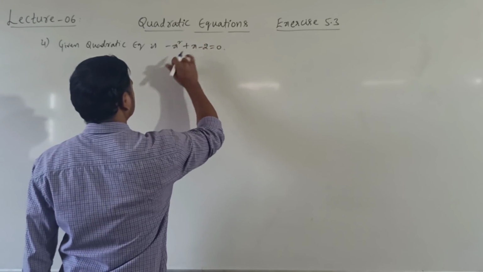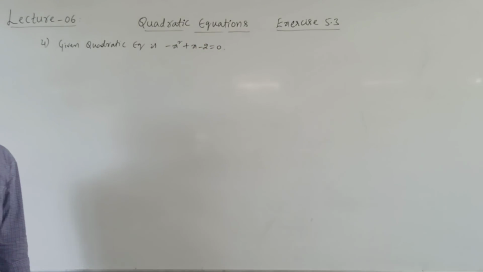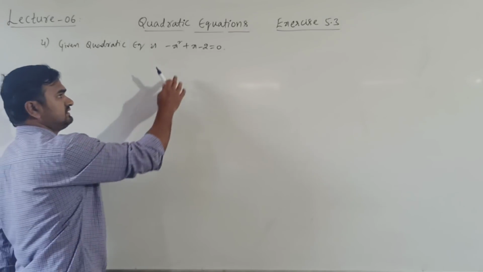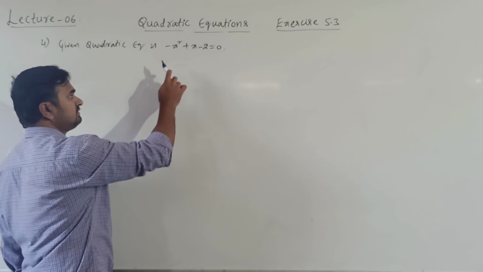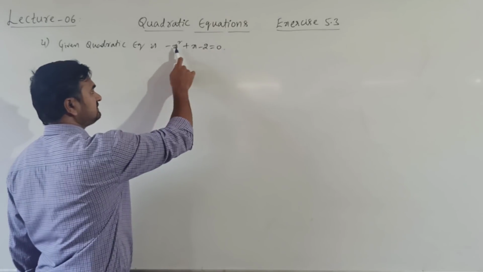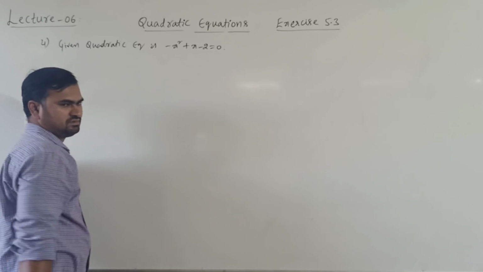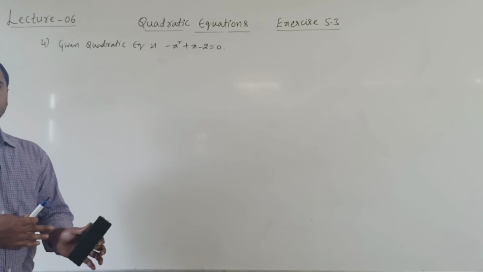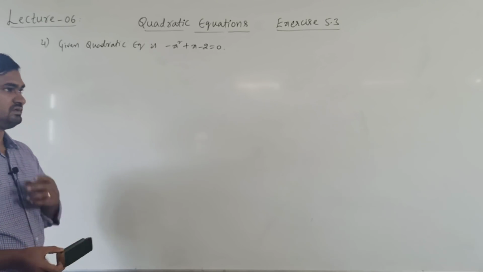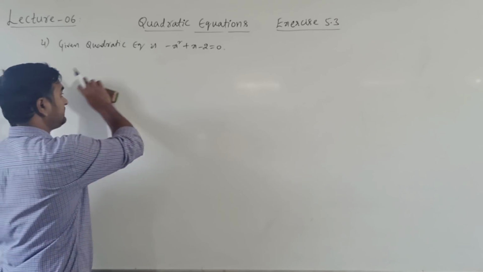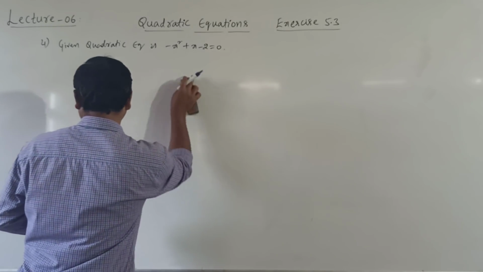Now we have to find the roots of this quadratic equation. Either we can solve as it is, or we can take the terms to the right hand side, so that it will be x square minus x plus 2 equal to 0. Anyway we will get the same roots. So you can solve as it is or take it to the right hand side and solve. I will solve directly.